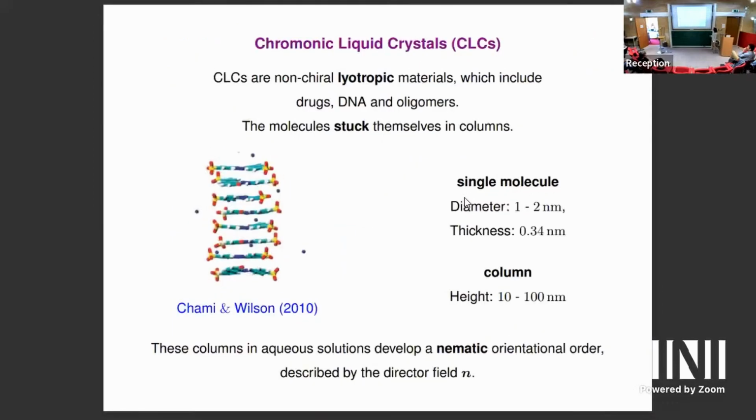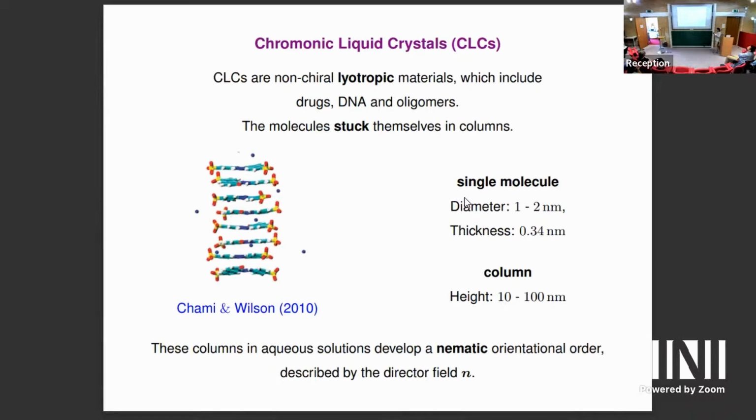vanishes. And Chromonic liquid crystals are a peculiar class of lyotropic liquid crystals, which are non-chiral, and drugs, DNA, and oligomers are the most common examples. Their molecules are plank-shaped with an aromatic core and polar groups on their peripheries, and have a typical diameter of 1 to 2 nanometers and a thickness of 0.34 nanometers.